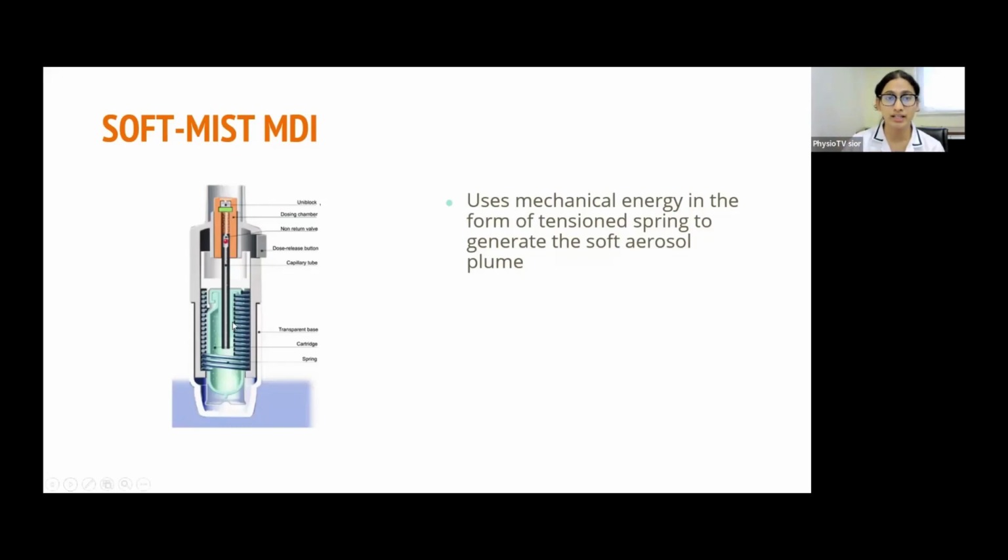You can see in the diagram, this is the spring which will help us generate mechanical energy to spring out the soft aerosol spray of the medication present in the canister through the capillary tube into the dosing chamber.